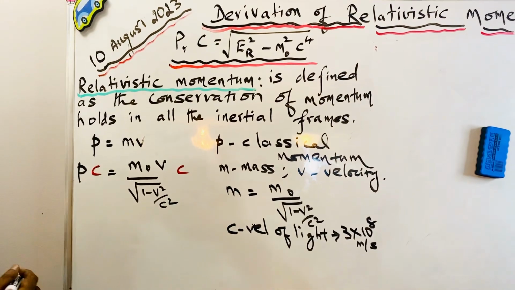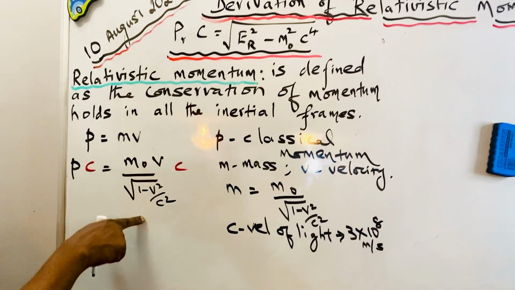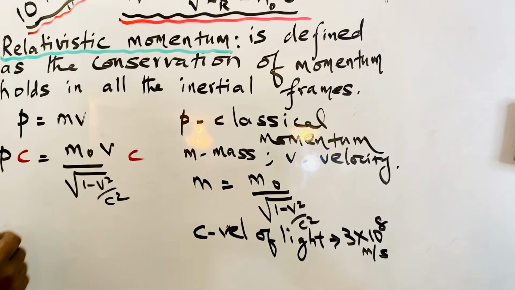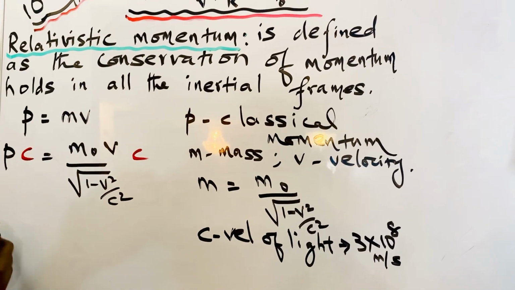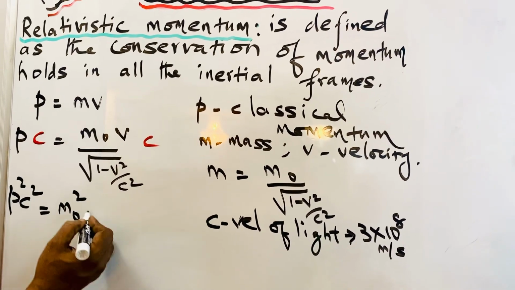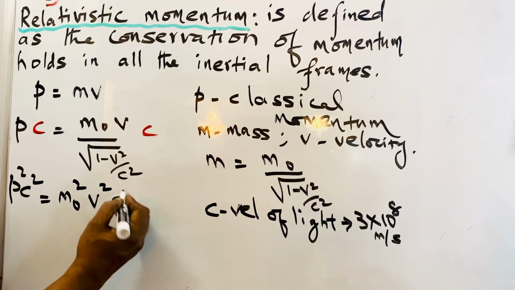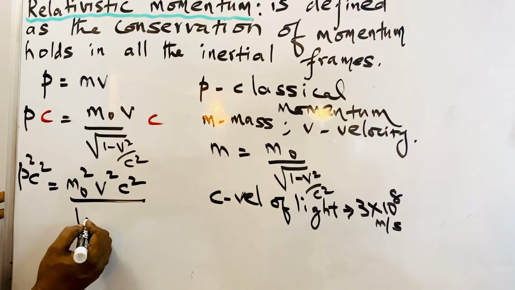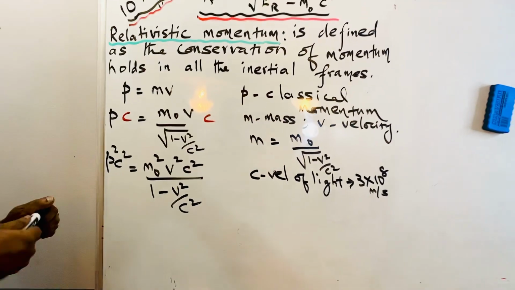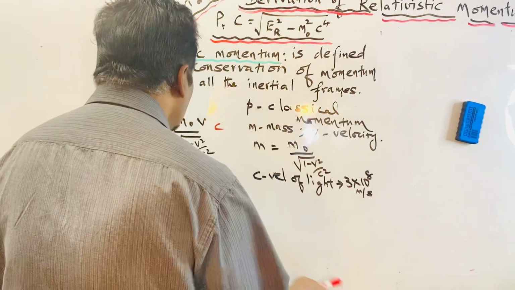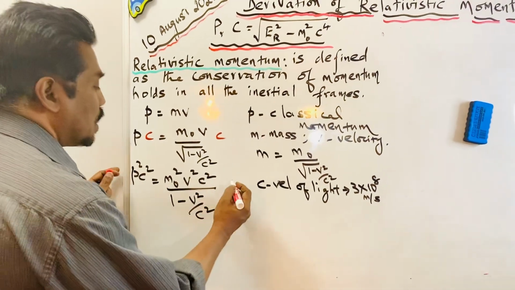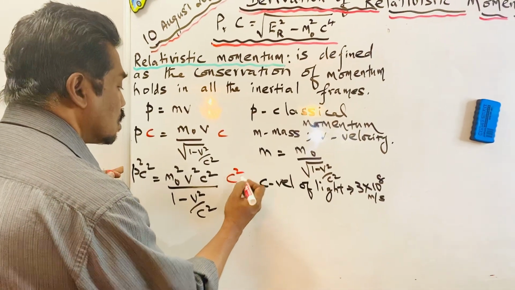Okay, now we can square both sides so that we can remove the square root sign, that means the radical form in the denominator. So P square c square will be equal to m0 square v square c square over 1 minus v square over c square. Now there's a small adjustment we have to do. In this term, I want to multiply and divide by c square.